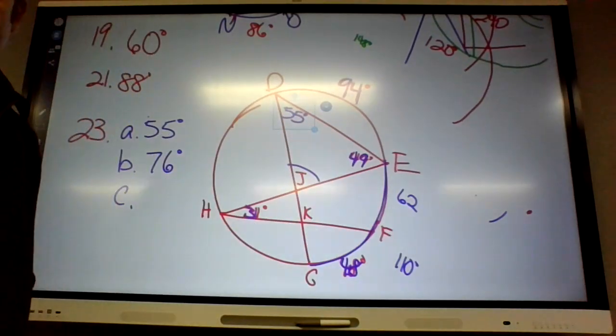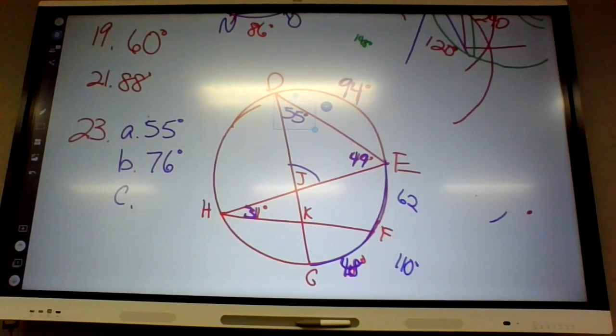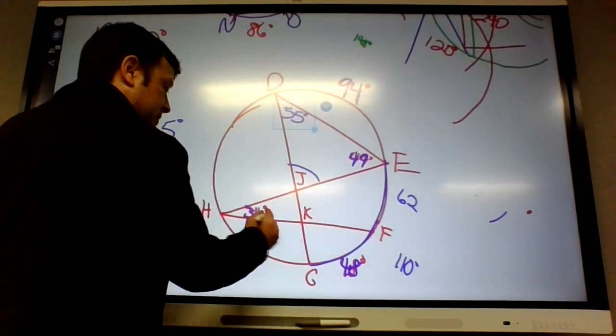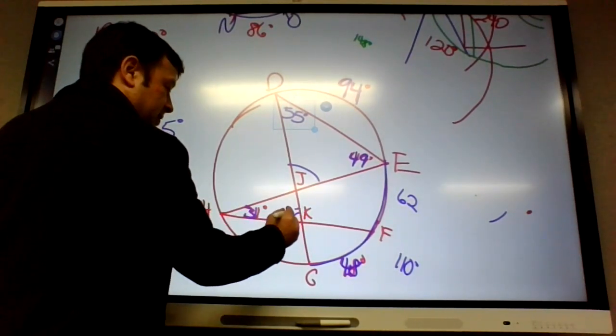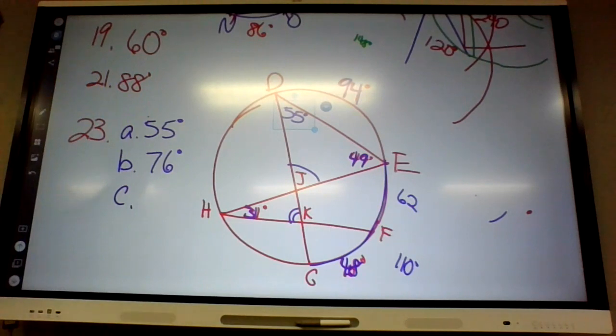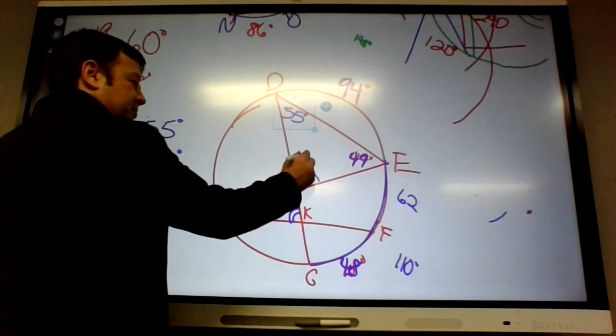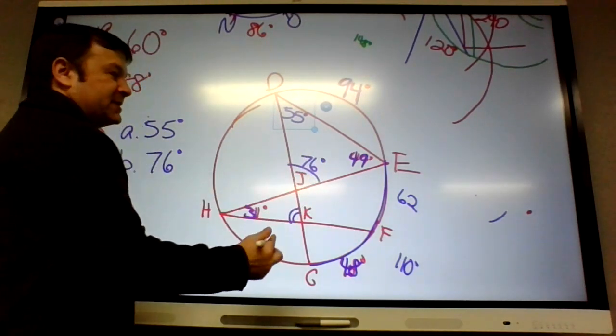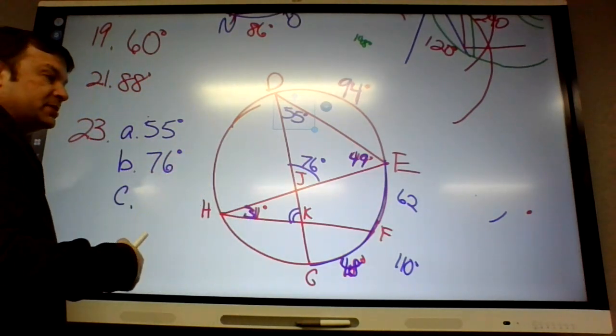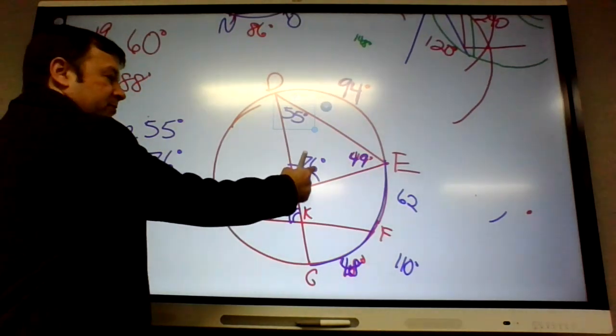Alright. HKJ, right here. Well, I just said this was 76. I guess we have to use our past answers to find the new answers on this section. So if this is 76, what else do I know?